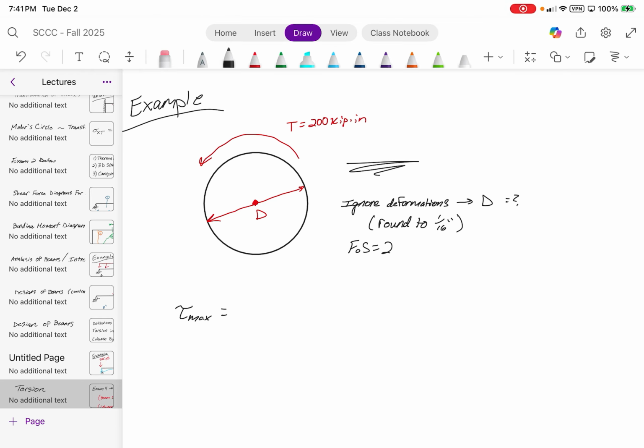Annealed stainless steel. There we go. Third time's the charm.